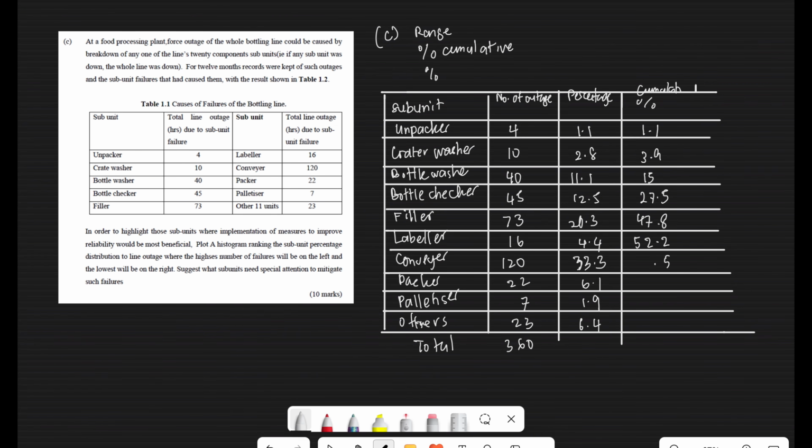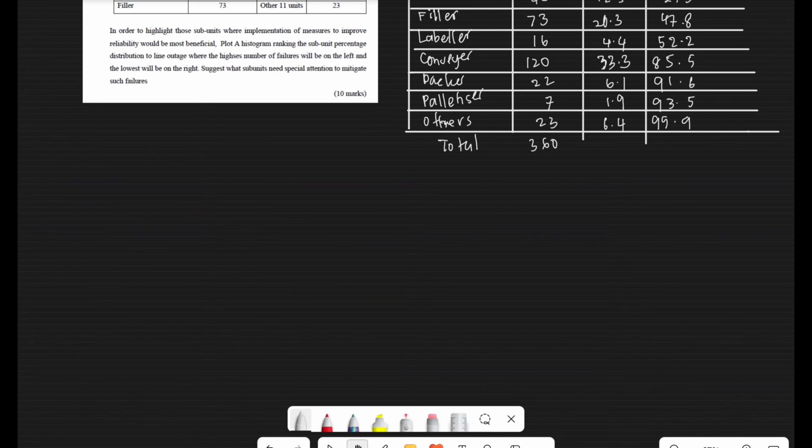Okay, and then 52.2 plus 33.3 is 85.5. 85.5 plus 6.1, 91.6 plus 1.9 is 93.5 plus 6.4 is 99.9. Okay, so that's nearly 100. Okay, 100. And then you draw the histogram.